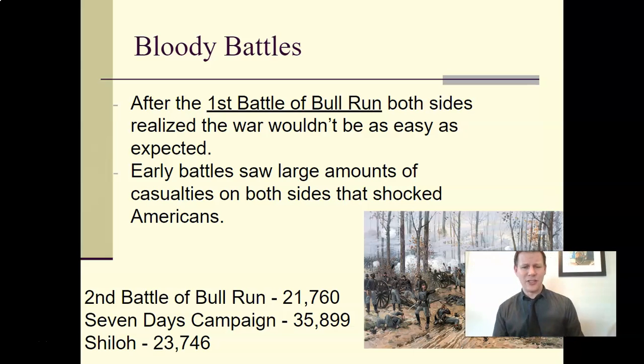Over about a week, you see the casualties there. Shiloh at the time was the bloodiest battle in American history, with almost 24,000 American casualties at that battle. It's Americans killing Americans, which is why, on top of reasons we'll see, the death count is so high here, because we're taking losses on both sides.